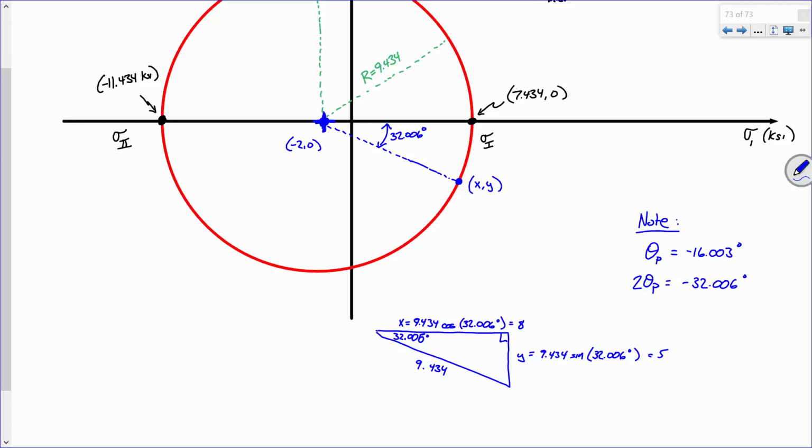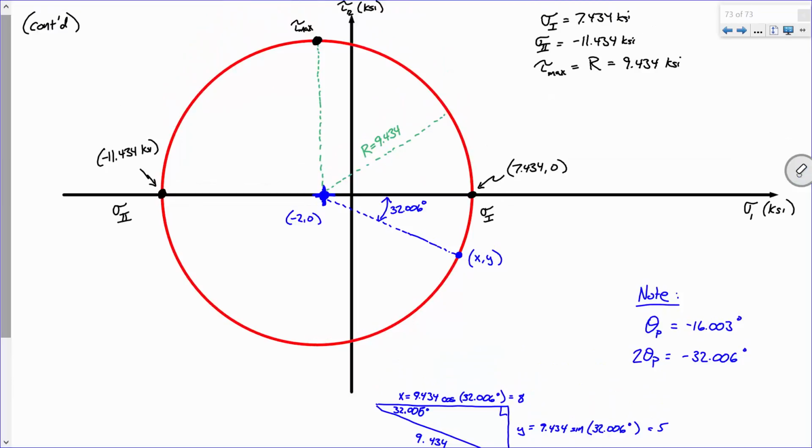The height of this is 5, right? So would you agree that if we're looking at this coordinate system and we're trying to determine x, y coordinates, that's going to be minus 5 because it goes down? Everybody okay with that?